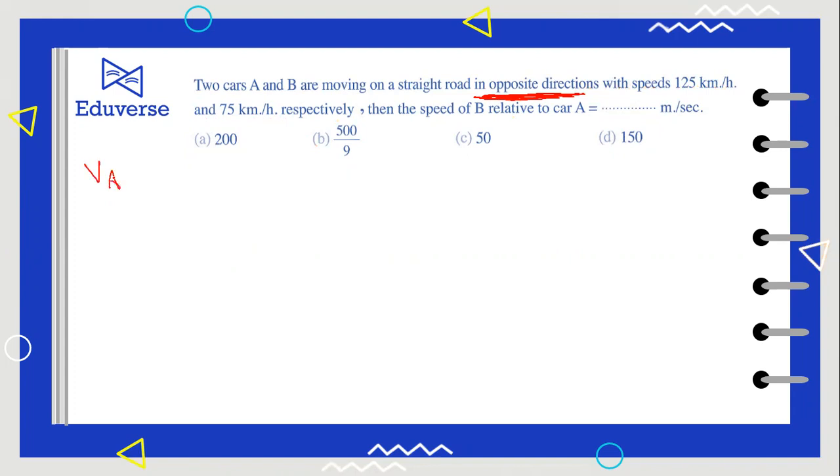That means the first body is 125 km per hour, but the second one is negative 75 km per hour. Why do I put a negative sign? Because they are in opposite directions. Then make it negative 75.